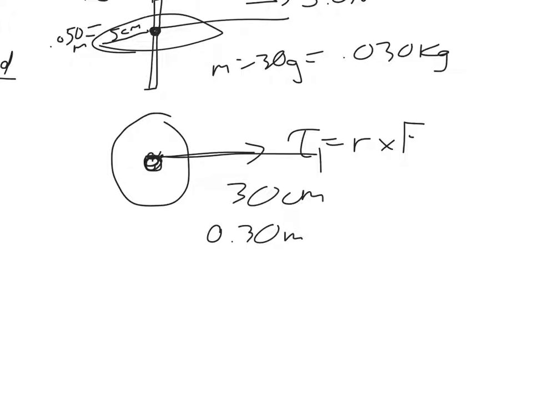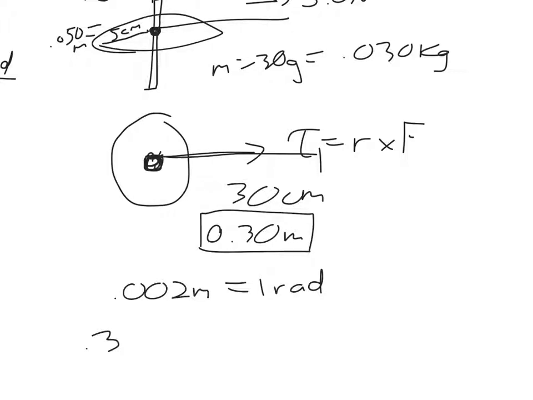So we can put that in here. We would need to think of that in terms of radians. So for a circle that's 2 millimeters, so 0.002 meters, has run out, that 0.002 meters is going to be equal to 1 radian for this little circle here. So if I pull it out a total of 0.3 meters, that's 0.3 meters times, we know 1 radian is the same as 0.002 meters.